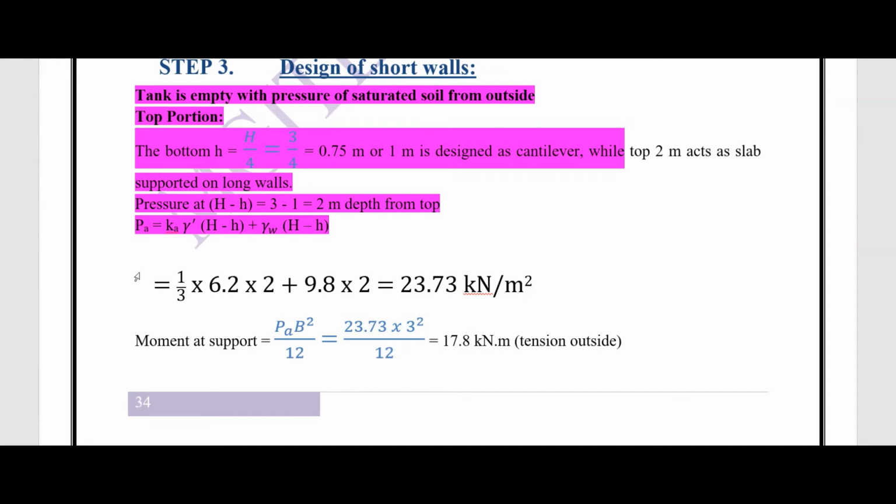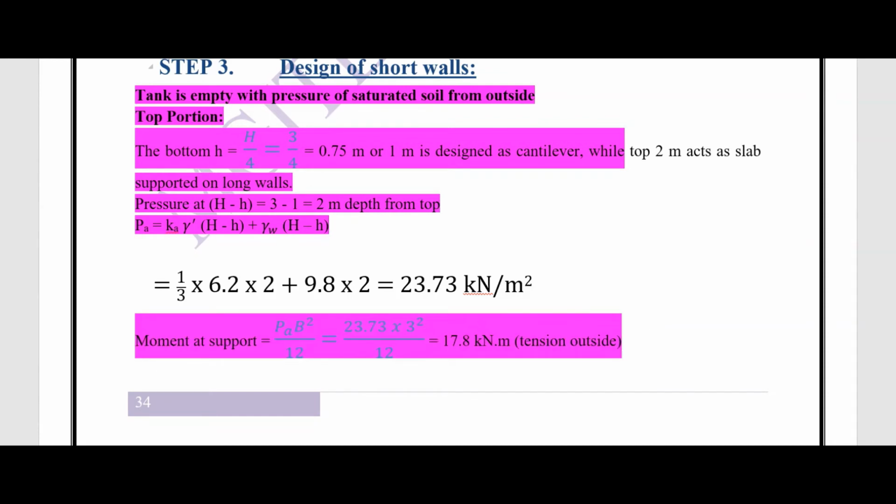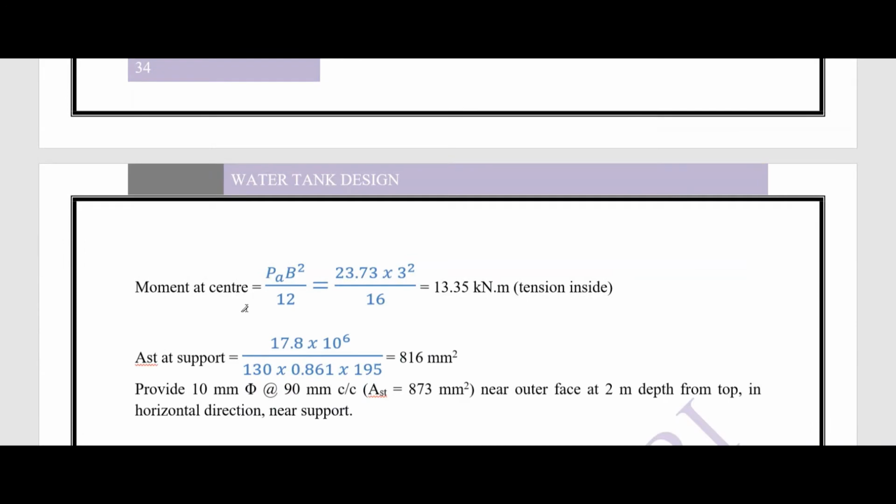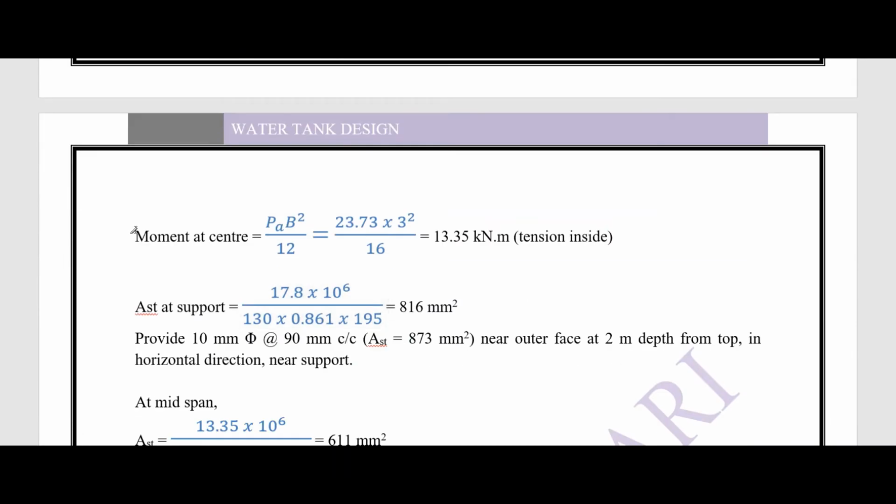So moment at support is equal to PAB square divided by 12, so 17.8 kilonewton meter. This is the moment at the support, and the moment at the center is 13.35 kilonewton meter.